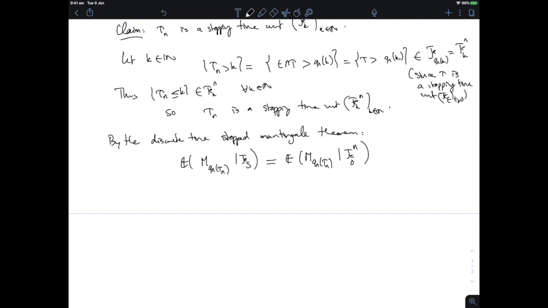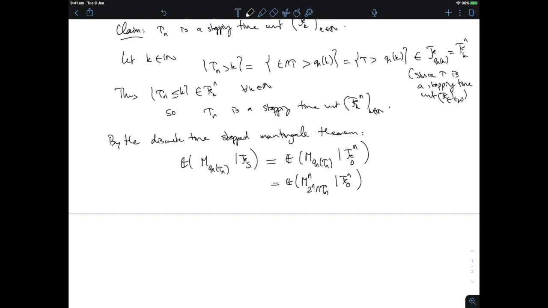And m of qn of tau n is exactly M^n of the minimum of tau n and tau n, conditioned on F naught.